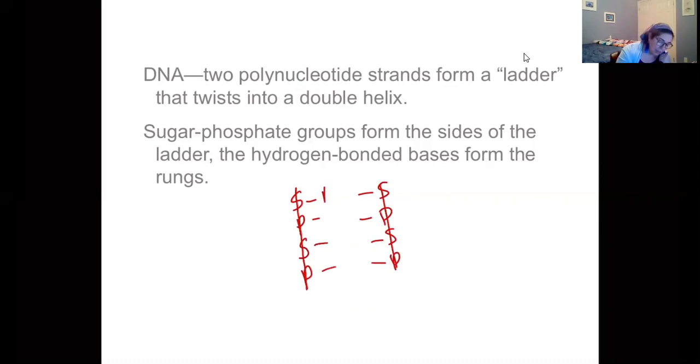If it's A and T, they'll form 2 bonds. If it's C and G, they'll form 3 bonds in between. So this part right here, the sugar phosphate, is the same for every organism on Earth. What's different and what makes you different is the order, the specific sequence of those nitrogenous bases.